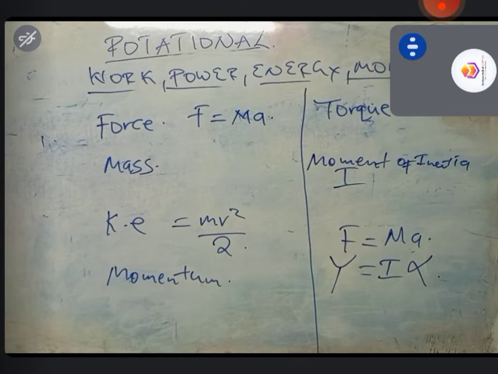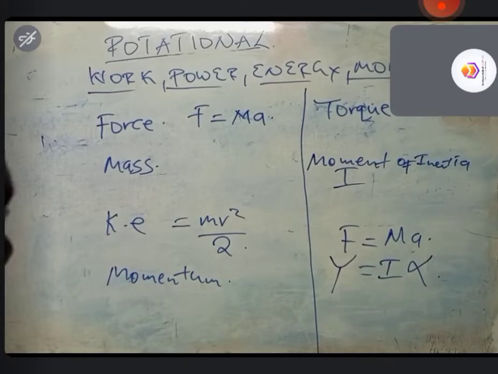And you need not worry about the moment of inertia. They are always going to give you, in a question, the moment of inertia of a given rotating object. If it's a wheel, for example, we already know that it's mr squared. If it's a disk, it's half mr squared. You'll be told.